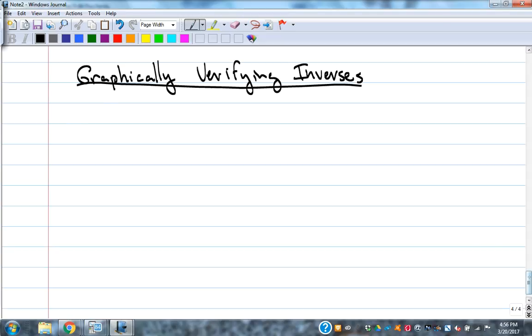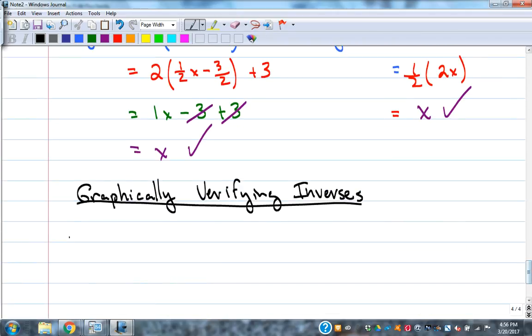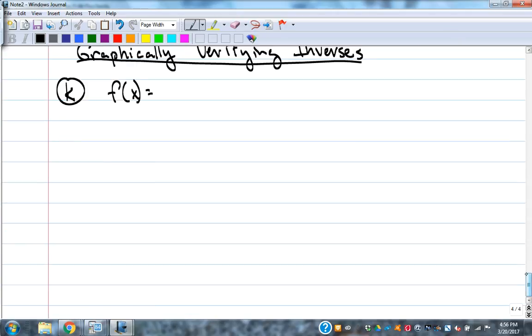So this will be example K. Let's take the same two functions and look at it graphically, and then we'll do one that's a little bit more interesting than these lines. The lines are not very interesting. But let's say F of x is 2x plus 3, and then G of x is 1/2 x minus 3. We know for a fact that these two are inverses of one another.